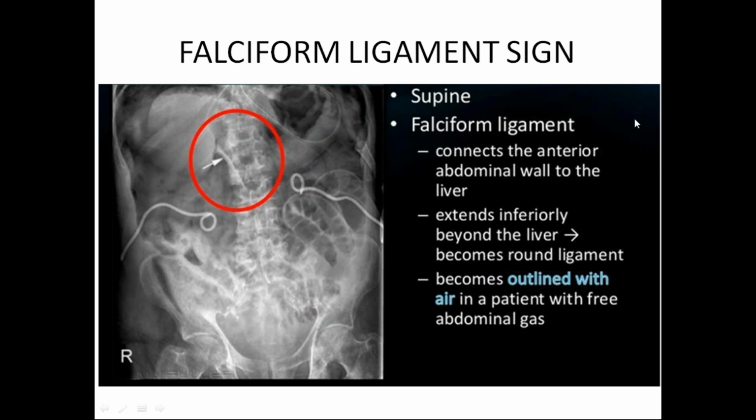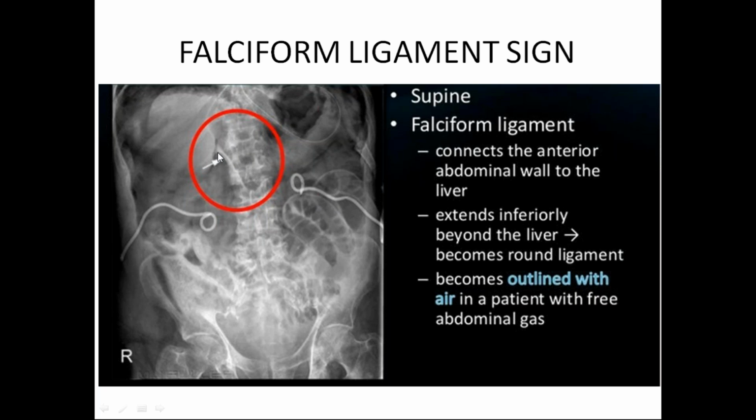And then in case of a large amount of free air, we can see the falciform ligament sign. See in this radiograph, we can see there is air underneath the diaphragm, and also we can see the Rigler sign, which is outlining the bowels and enabling us to see the entirety of the wall.